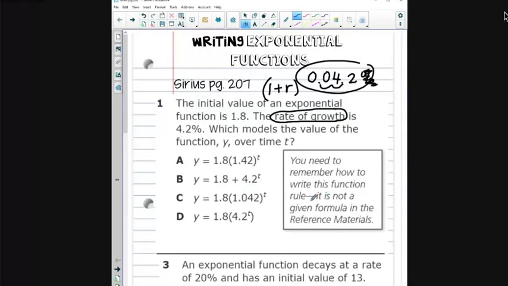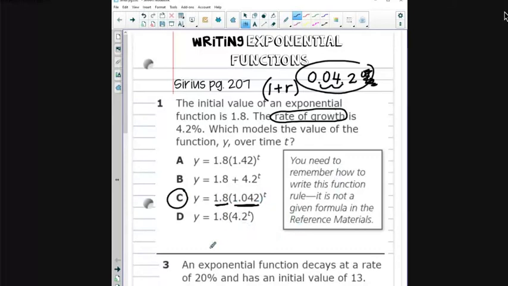Very good. Yep. C is correct, because here's the 1.8 as your initial. Here's the rate of growth. We add the 1 plus the decimal, and then it's to the t power for time. Now here in this little box it says that you need to remember this. It's not going to be given to you in the formula chart.